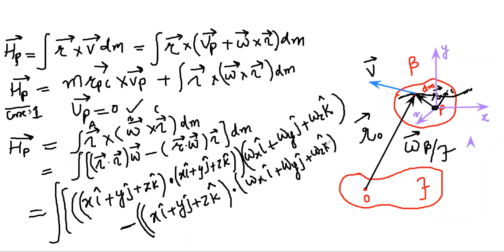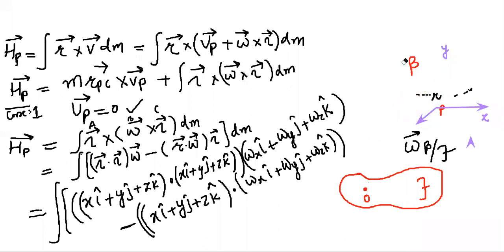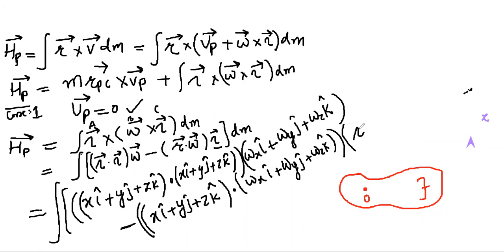This entire expression is multiplied by the R vector, that is R equal to xi cap plus yj cap plus zk cap. Close the entire vector, and then dm.